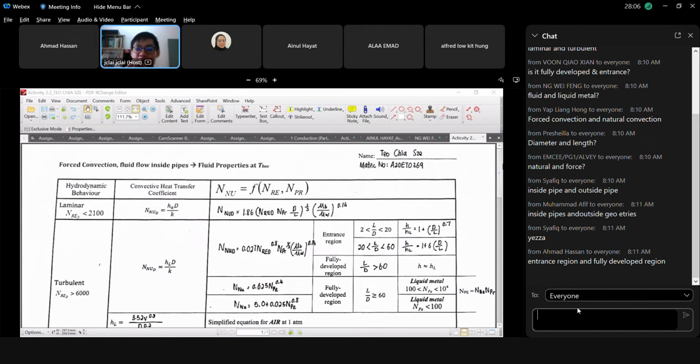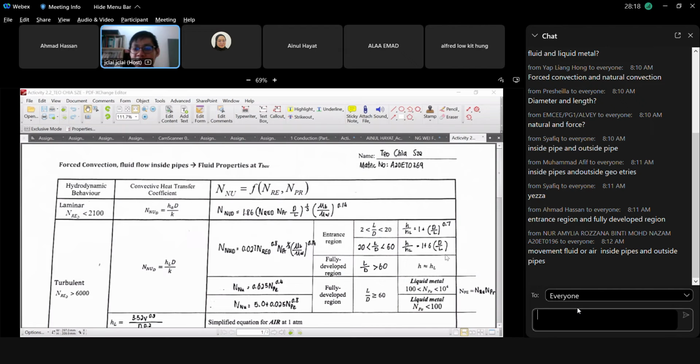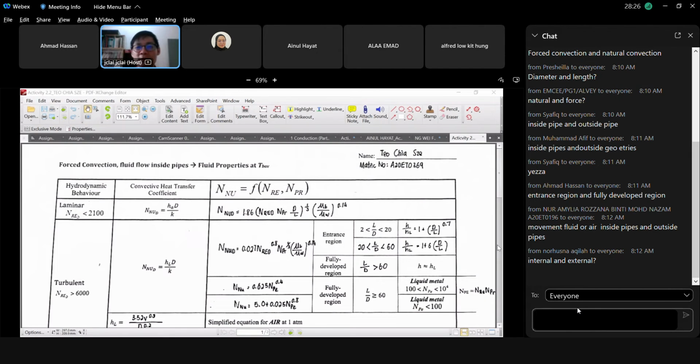If you make a mistake, you can make it now, but please don't make mistakes during the test. Just now there is one answer which is very close already: moving fluid or air inside pipe and outside pipe. Yes, more or less.